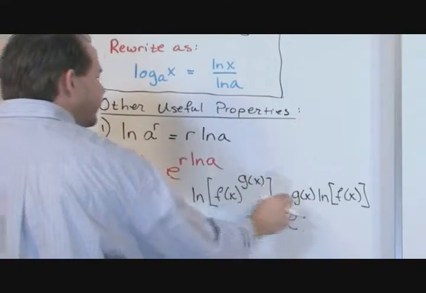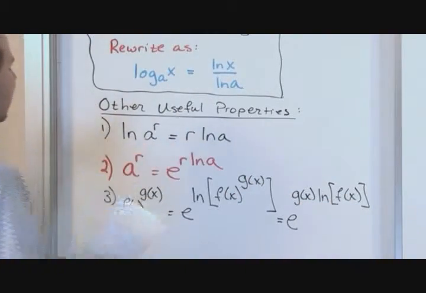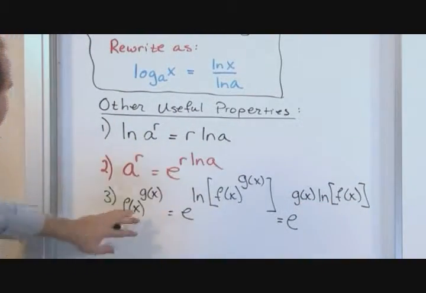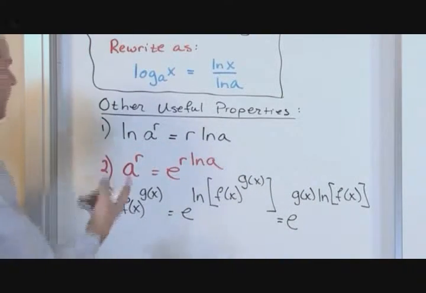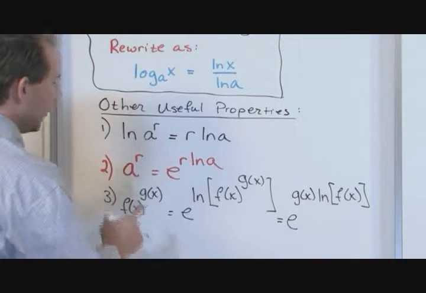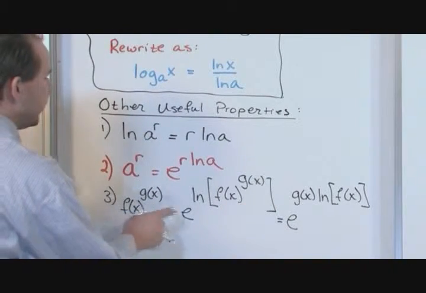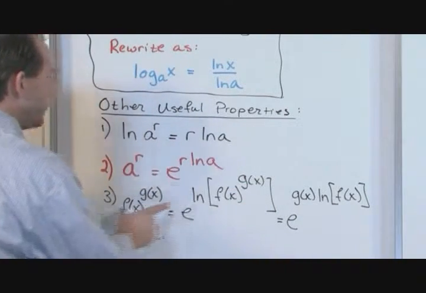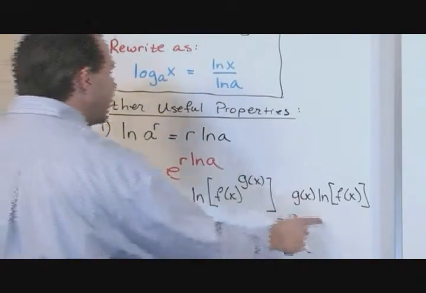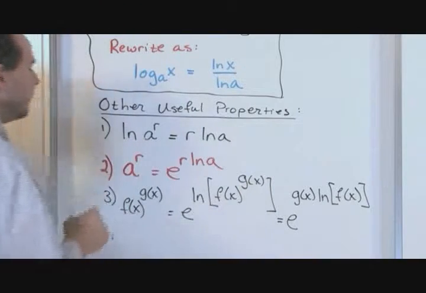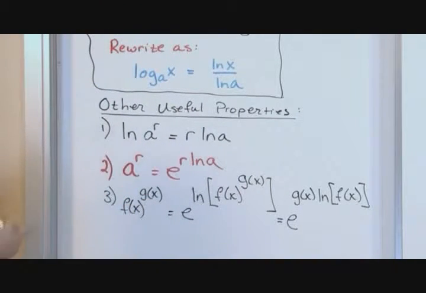So I take the g of x down in front of the natural log. I could have not even put this on the board and said this is equal to this, but it would have been a little harder for you to see where it comes from. Basically, you can rewrite it this way because you can say e raised to the natural log of what I have, that's equivalent, and then I can use this little fact to pull this exponent out. So going from here to here, we're going to use for almost every problem written like this.